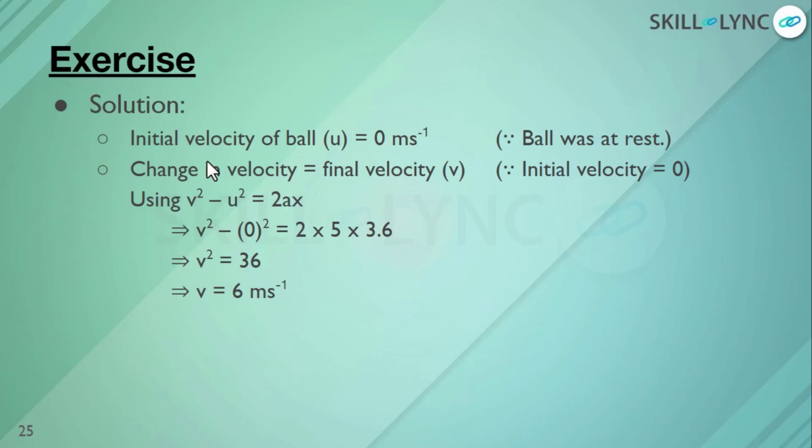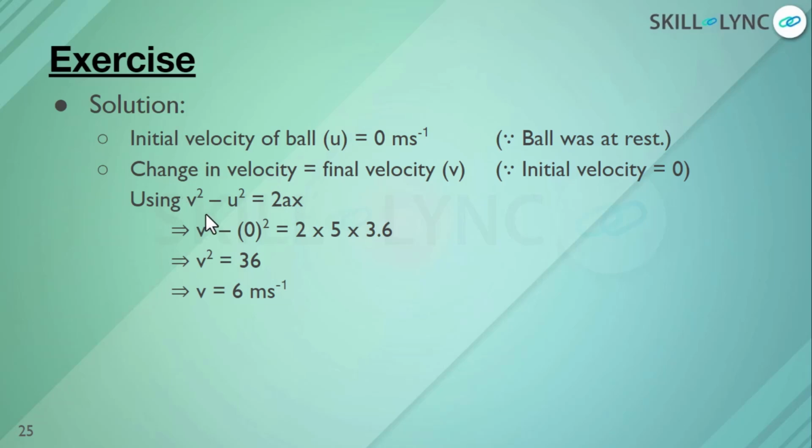Okay. So by applying the third equation of motion, that is v square minus u square is equal to 2ax, where they have their usual meanings. v stands for final velocity, u stands for initial velocity, a stands for acceleration attained by the object, x is the distance.